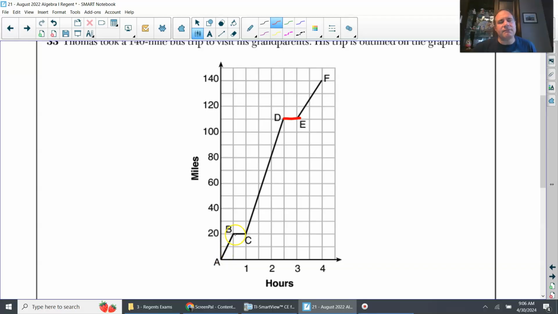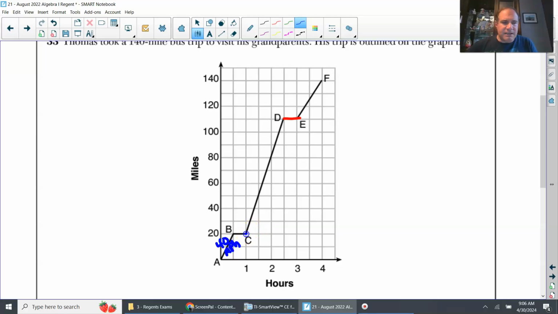If they figured out everything per hour, so if they're doing 20 miles in a half hour, how many miles would they do in an hour? And that's 40. So I'm going to put 40 miles per hour right here, even though that's a half hour. Now this one doesn't count because it's not moving.